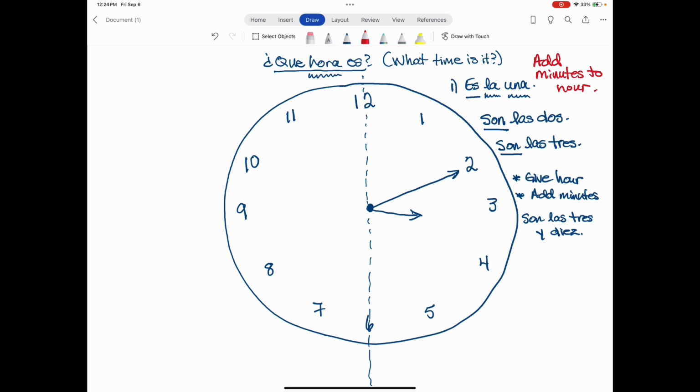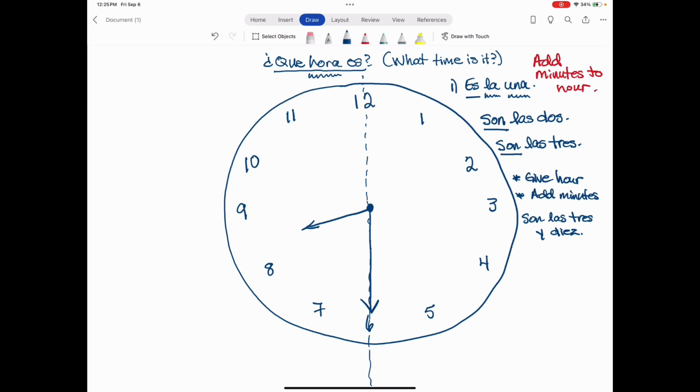Okay, wonderful. What if we have a different time? Let's say it's 8:30. Now, your big hand has not crossed the 6, so you are still on the add minutes side of the clock.